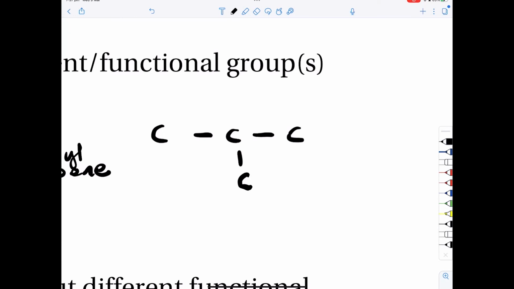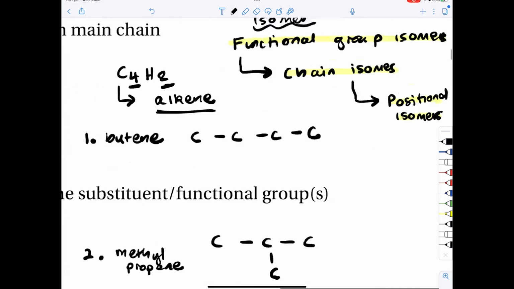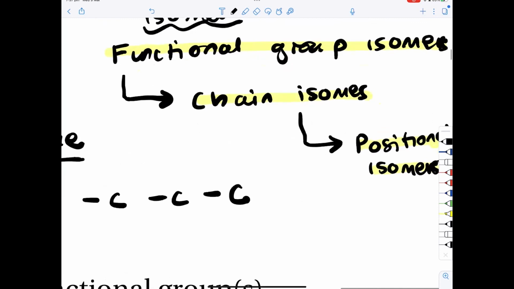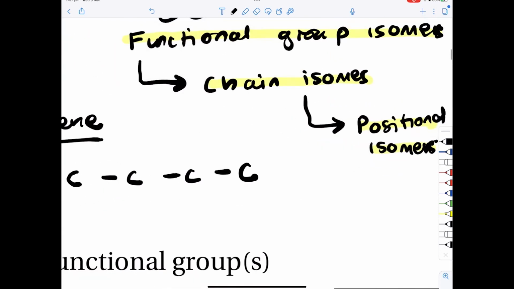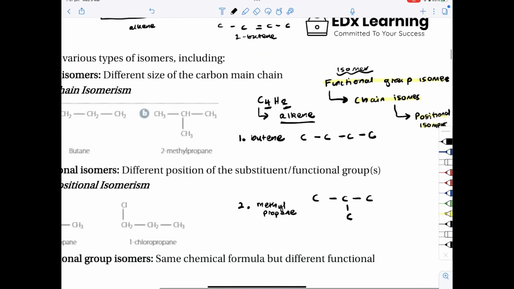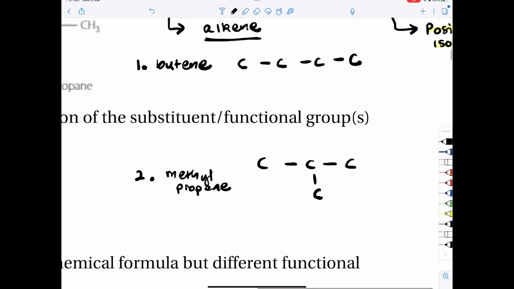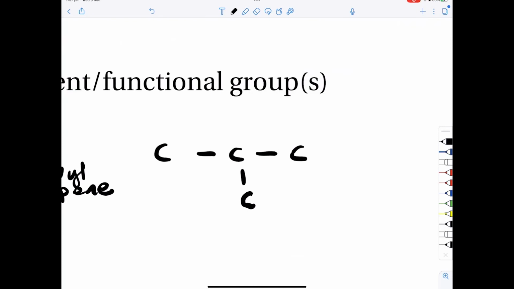Methyl propene, right? Now I told you, there has to be a double bond here. So now I'm going to find all the positions of the double bond within that chain, aka zooming back out. What did we say? Within our chain isomer, we'll now be exploring all the different positional isomers. So positional isomers refer to the position of the functional group. In this case, the functional group is a double bond.